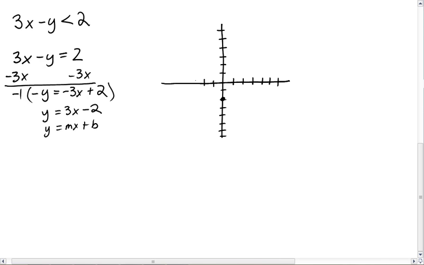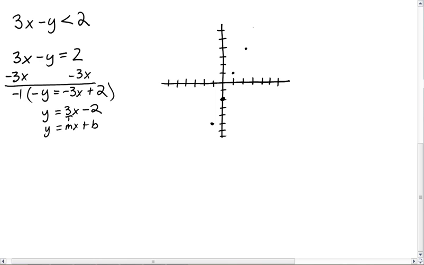And the slope is 3, which is the same thing as 3 over 1. And so I'm going to go up 3 over 1, up 3 over 1. And I don't really like that I only have 3 points, so let's go down 3, negative 3, and then negative 1, because negative 3 over negative 1 is also a positive number. So we've got our line now.